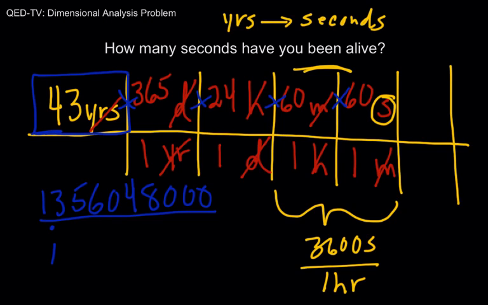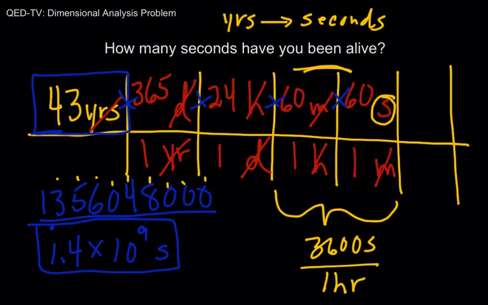So I'm going to do 1 point, and the 3 would round up to a 4, times 10 to the, let's see, what do I have here? I have 1, 2, 3, 4, 5, 6, 7, 8, 9. 1.4 times 10 to the 9th power seconds. That's a lot of seconds. It'd be interesting to see how many seconds it is for you if you do the math on your age. So that's how to do another dimensional analysis problem. There'll be several more videos on showing us how to do more.